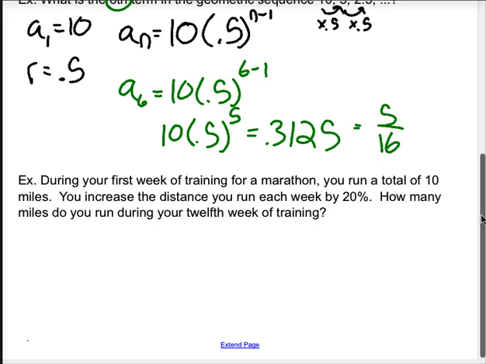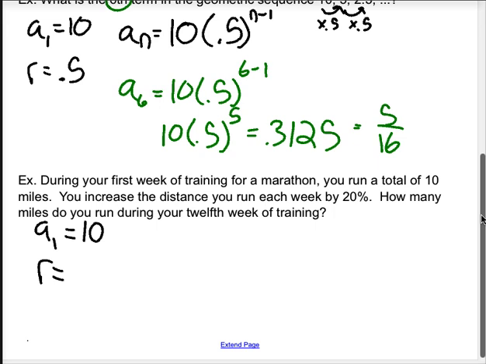All right, so we need A1 and we need that R that we're increasing by. So the first week, it says we ran 10. All right, and we increase the distance by 20% each week.